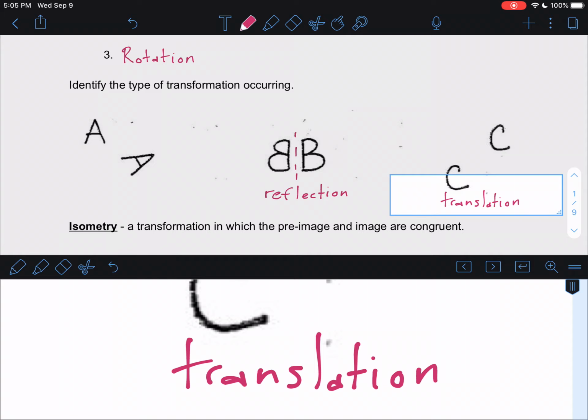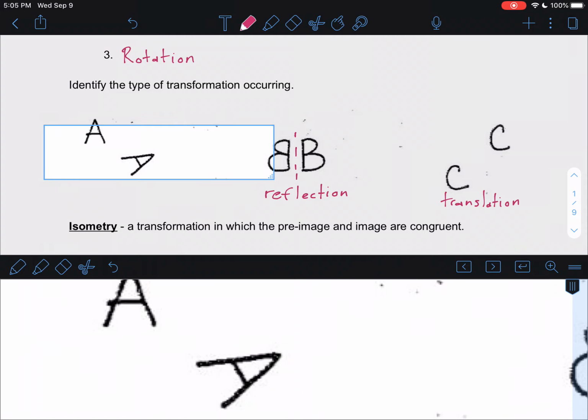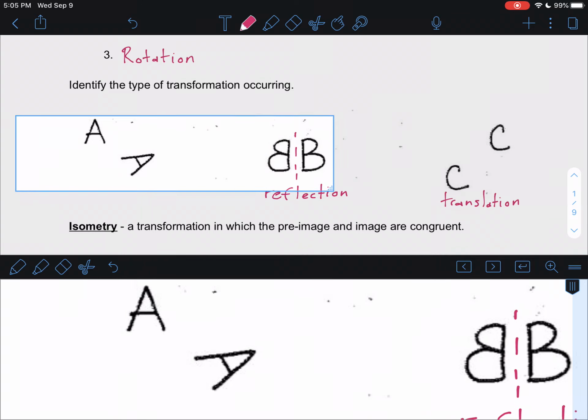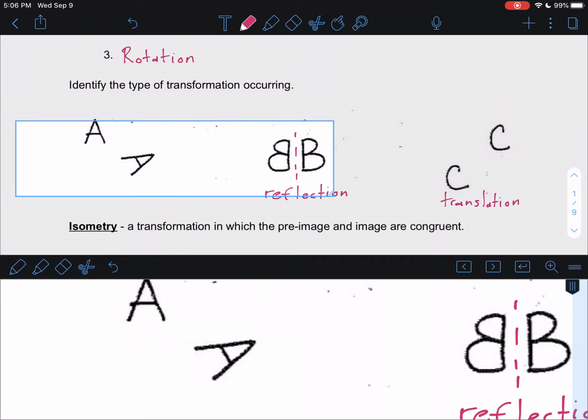And then the A, I said that I skipped it for a reason because the last one that we haven't used is rotation, and obviously it looks like this A is being rotated. But I would argue that there's another one we could also say it is, because translation doesn't involve any turning at all, but reflection can look like it has been turned.